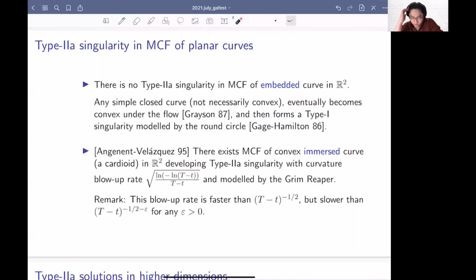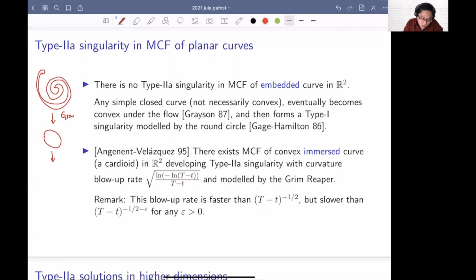Grayson has proved that any simple closed curve, no matter how complicated it looks, might look something like this, will eventually unwind itself into something convex. And then by Gage and Hamilton, this will shrink down to a point. And after you blow it up, you see a round circle. So this is the result for embedded curves in R2.